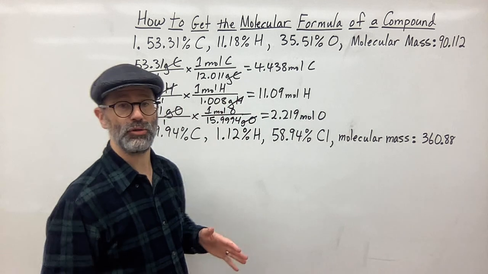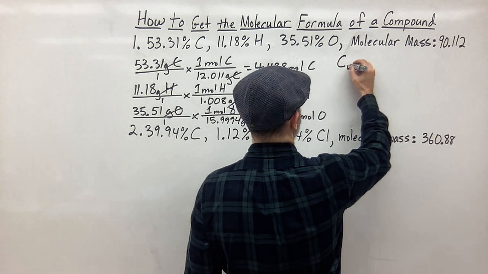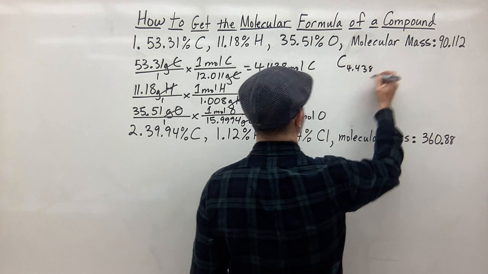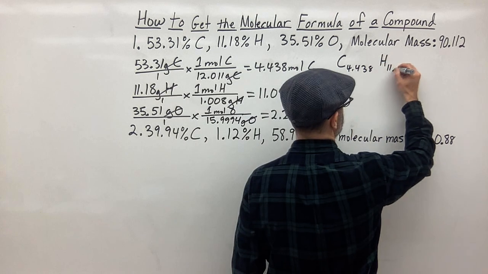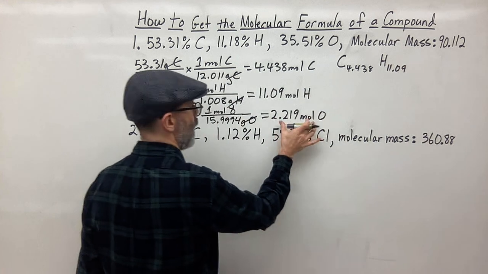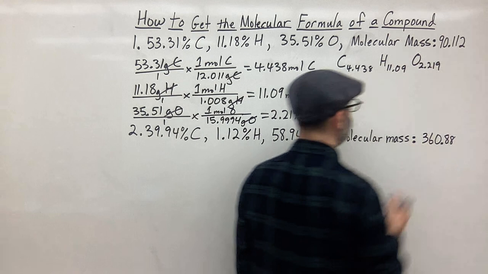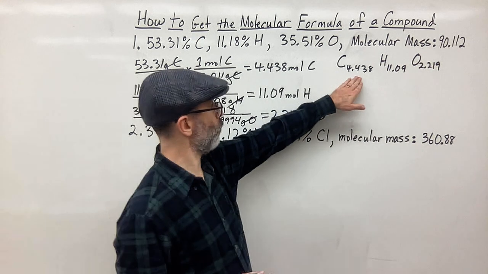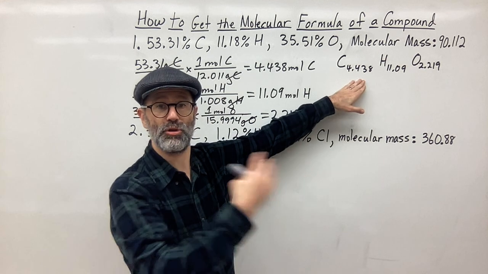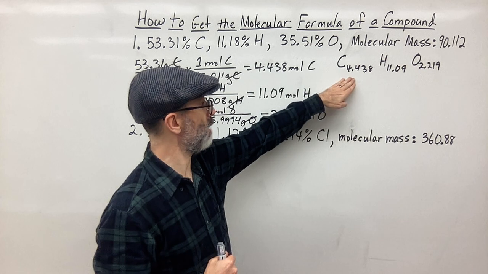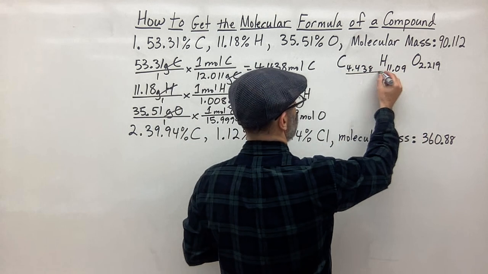Now I can put this in my pseudo formula as subscripts: carbon 4.438, hydrogen 11.09, and oxygen 2.219. So now I have my mole ratio, but the moles are not whole numbers. I've got to get these into a 1 to something ratio, so I'm going to divide by the smallest one, which is 2.219.